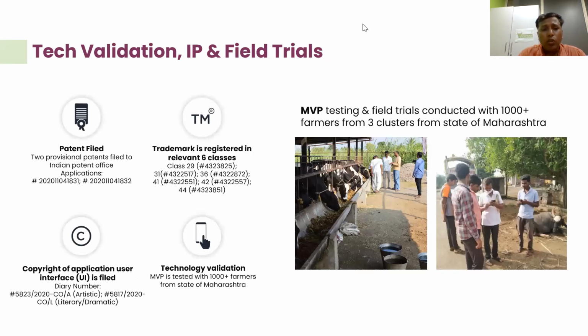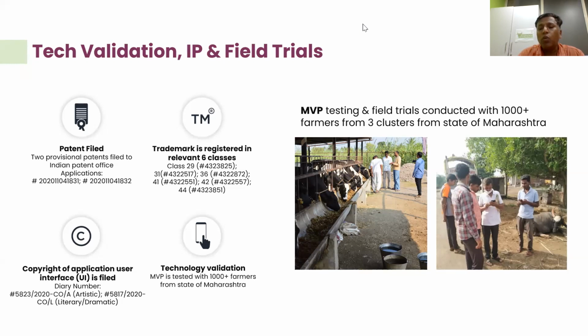We have filed 2 patents and got copyrights on our user interface. We have 6 classes of trademark registered already, and initially we validated this technology one-to-one with 1,000+ farmers in the state of Maharashtra. Currently, we are operating in the state of Maharashtra with physical interventions in 3 clusters.